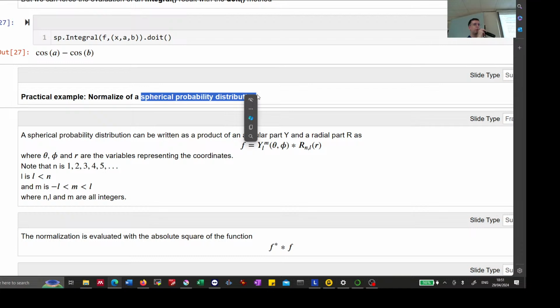And do you know what's a probability distribution? Do you know what's a probability? Do you know what's a distribution? Hmm? Do you know what's spherical? Well, so when I tell you spherical probability distribution, do you know?